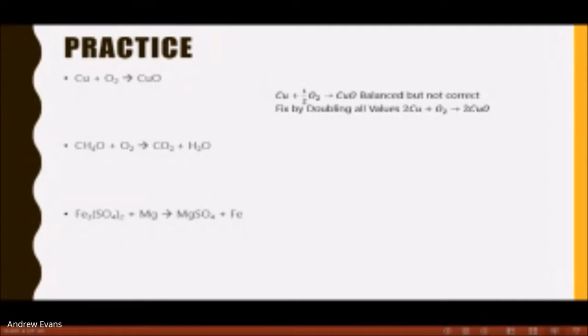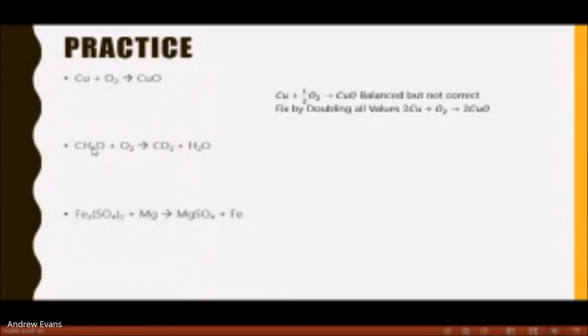I mean, technically you can, and in some definitions that would be okay. But we're going to try to keep it all integer values. Because if we look at this on the atomic level, you can't have half a molecule. I don't have one molecule, two molecules, three molecules of oxygen.